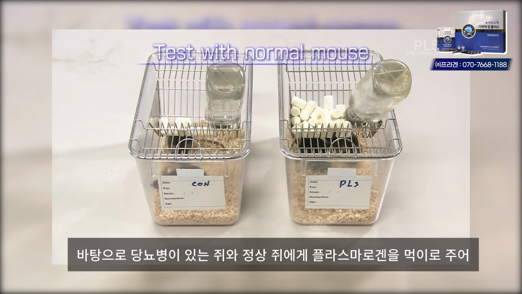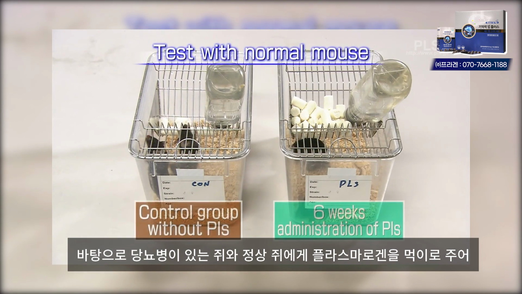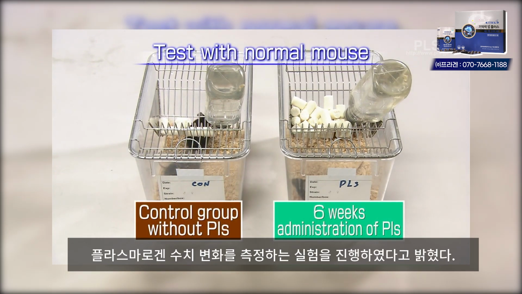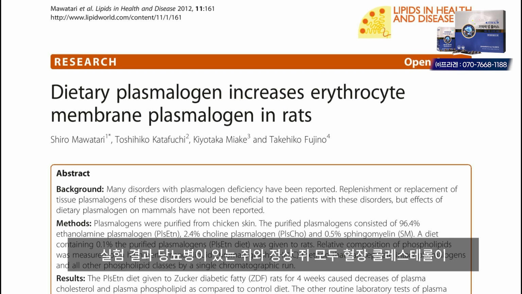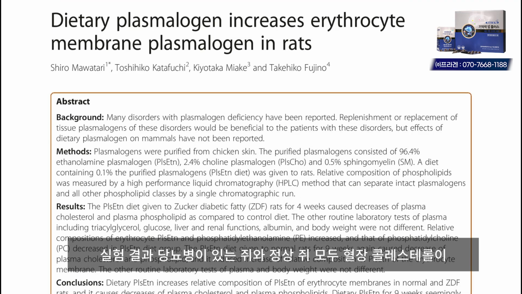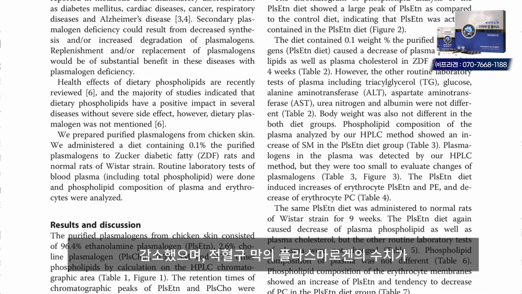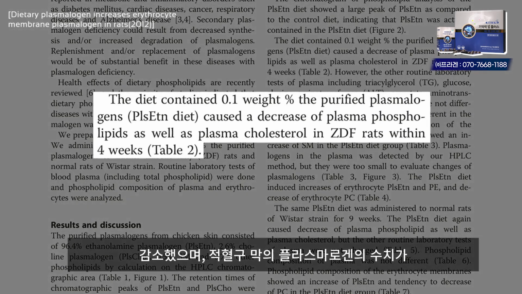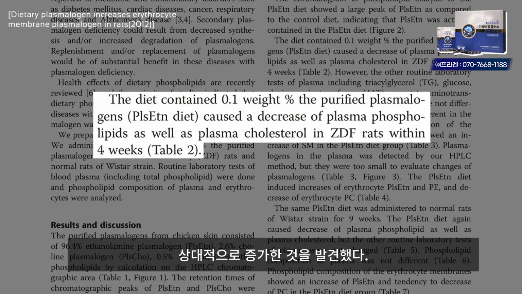He conducted an experiment to measure change in plasma levels by feeding plasmalogen to diabetic mice and to normal mice. As a result of the experiment, he found that plasma cholesterol decreased in both diabetic and normal rats, and the level of plasmalogen in the red blood cell membranes relatively increased.